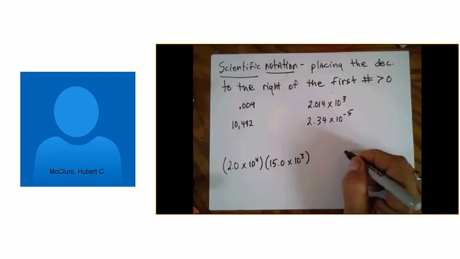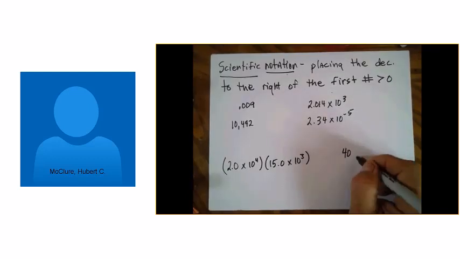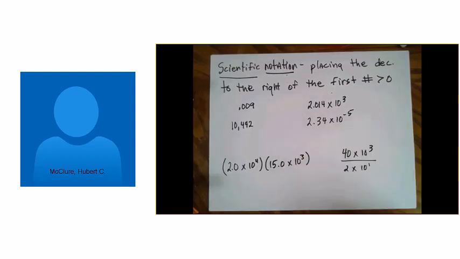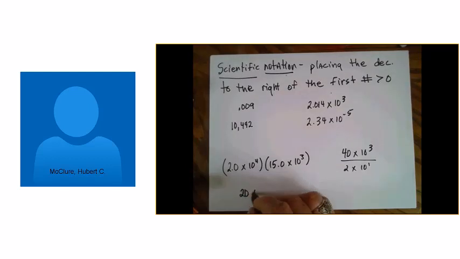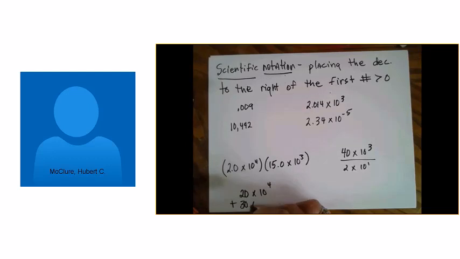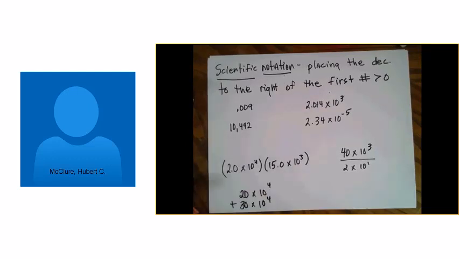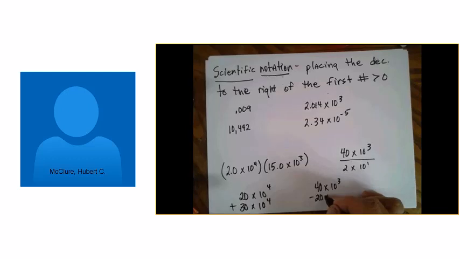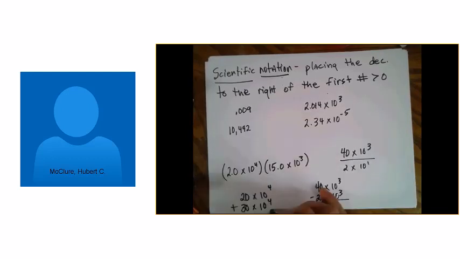Or 40 times 10 to the third divided by 2 times 10 to the first. Or 20 times 10 to the fourth plus 30 times 10 to the fourth. Or 40 times 10 to the third minus 20 times 10 to the third.